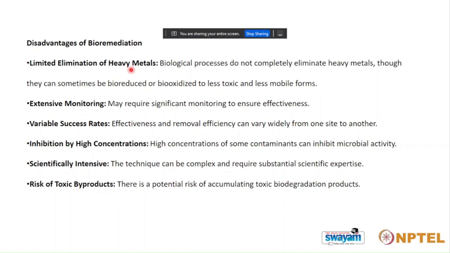So that is one limitation. And it is scientifically intensive, which means before identifying the possible microbial community, we have to undergo a lot of processes like screening, genome analysis, and identification. A lot of processes are involved in framing a bioremediation technique. So it is scientifically intensive to implement a bioremediation technique in the contaminated sites.